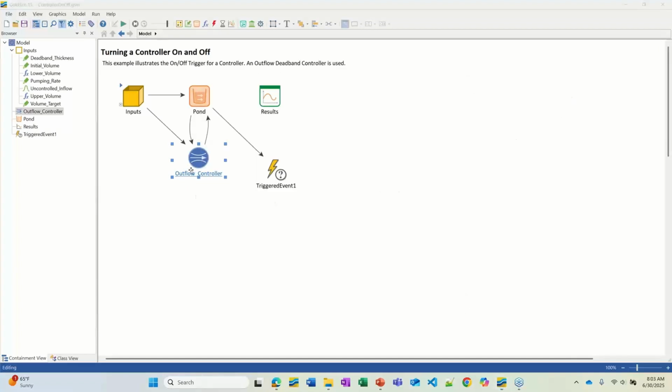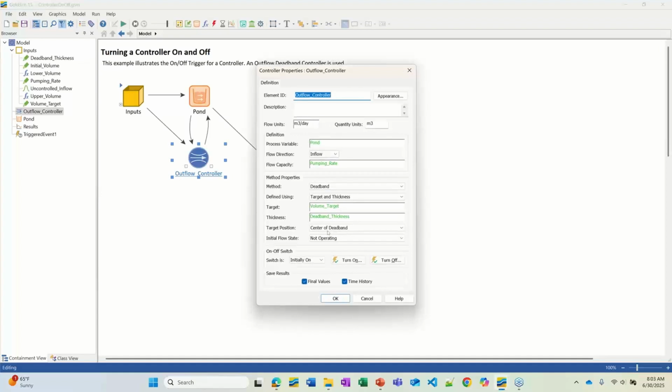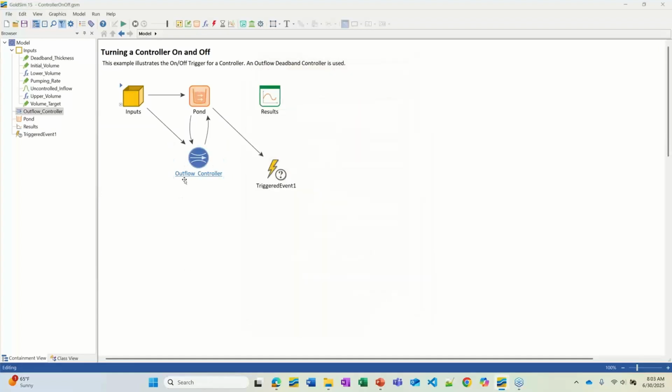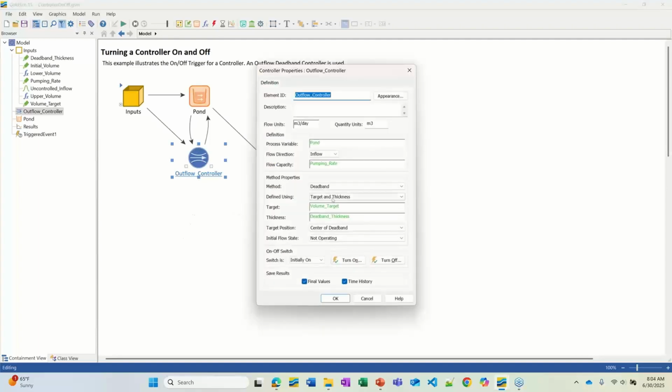Somebody asked, can the controllers be defined as vectors? And so, no, they are only scalar. They can only be scalar. And that's similar to the pool element, which can also only be scalar. And this had to be done because of the complicated nature of emitting events that the deadband option does.